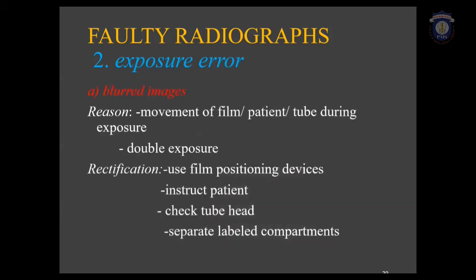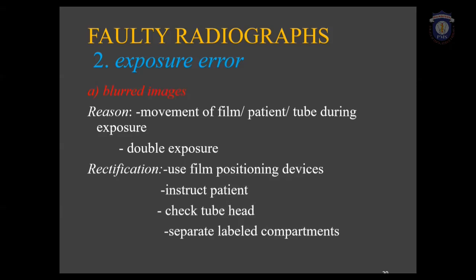The next exposure error is blurred images. Blurring of images can occur when there is a movement of film or when there was a movement of the patient or the tube head. It can also occur due to increased number of exposures or double exposures.